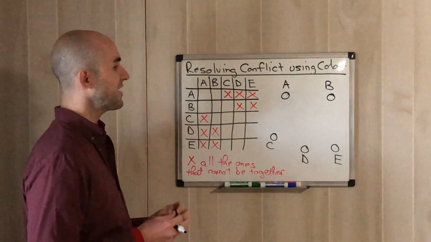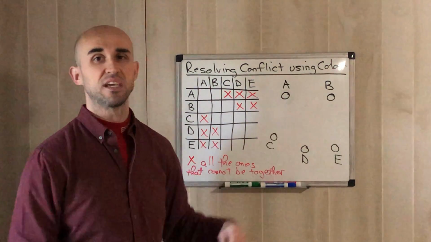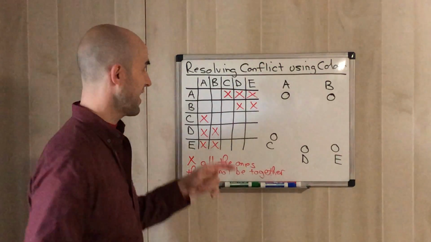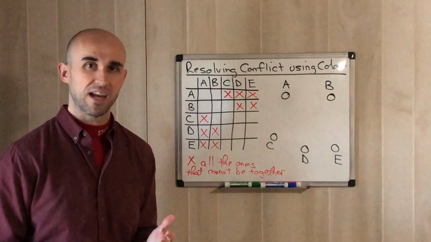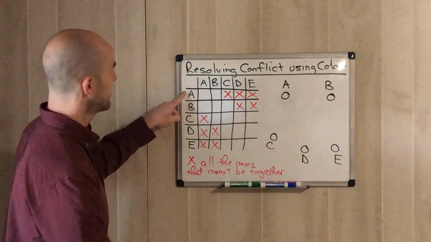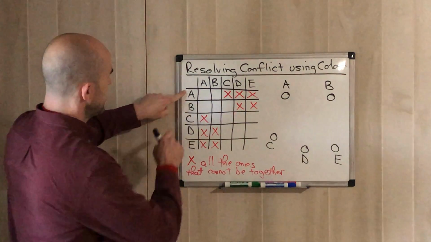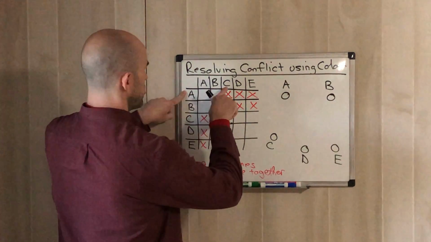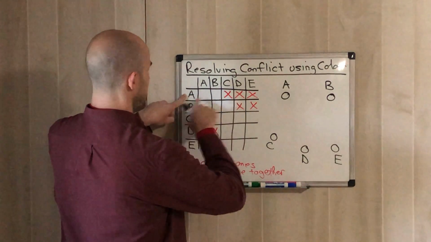And now the next thing we're going to do is go through this table to see the ones that we need to connect, right? Just because we're connecting them doesn't mean we're putting them together, and I'll show you that later. So with A, we're going to draw segments for all the ones that are marked off, right? A goes with C, AD, AE.